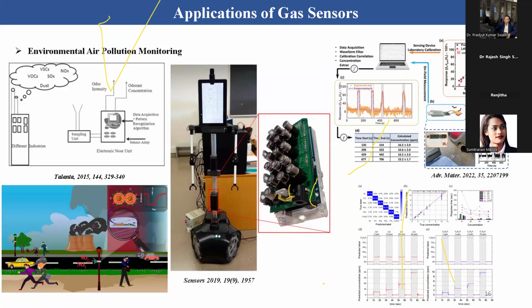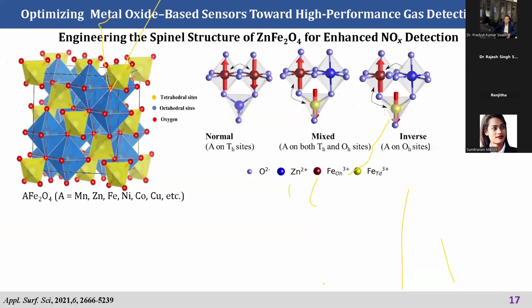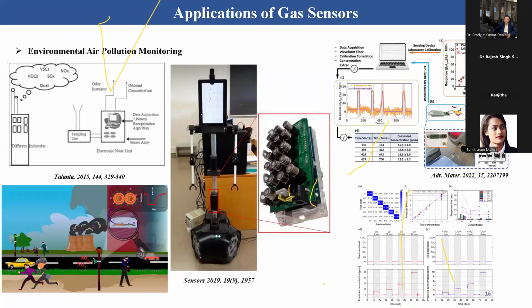The response signal will be fed to computer programs. There are machine learning programs available with a lot of library files with recorded data. So it will compare with the previously stored data and then predict what types of gases are present. Quantitative analysis is also possible.